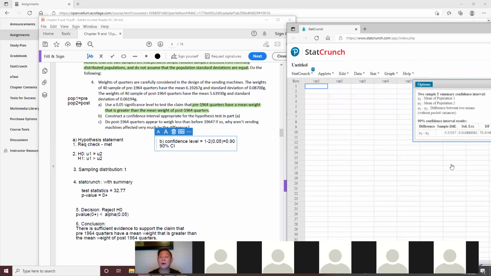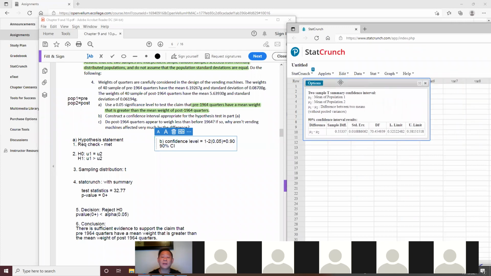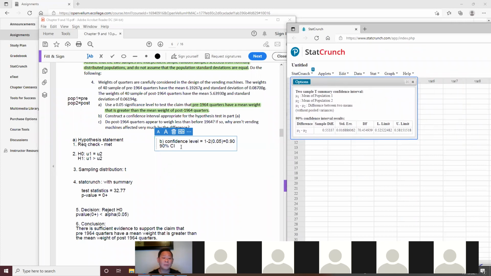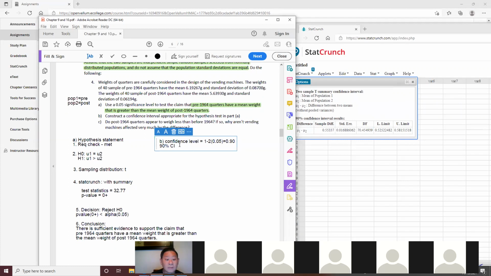When you compute, this time the results will give you the lower and upper limits. In this case, it gives us 0.5252 and 0.5815. Don't forget the units, they are all in grams. So watch out for units, because when we do means, we have units.